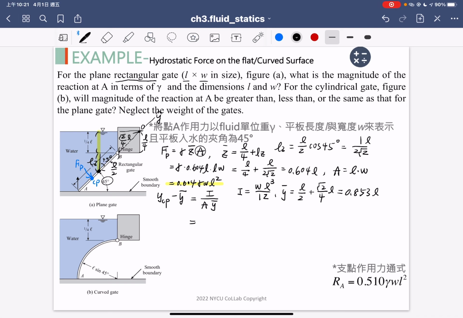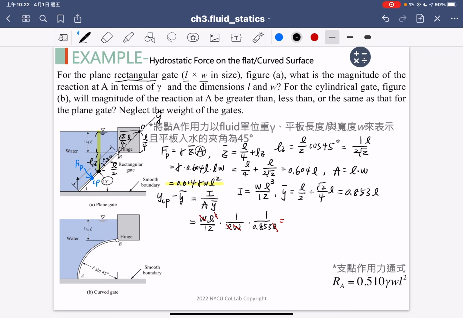Okay, so I can put all of the numbers back to here. The first one, I is omega L cubic power 12, divided by the total area LW over 1, and divided by the y bar, which is 0.853 L over 1. So I can cancel out some parameters like the L, and here only 1 power, and the W. So what is YCP minus the y bar?